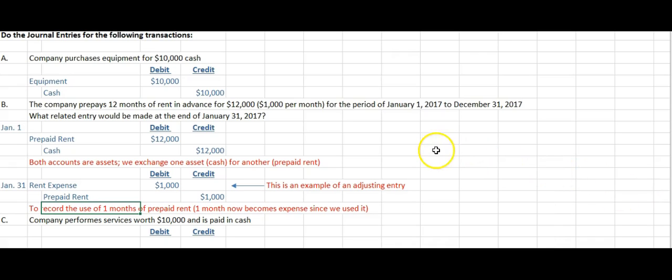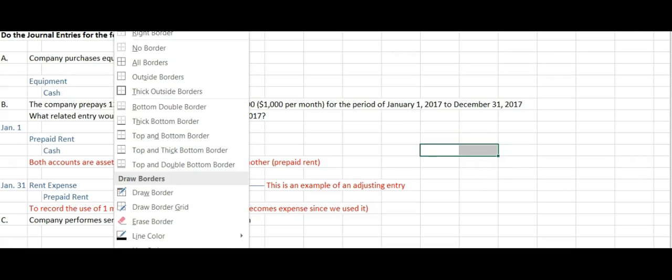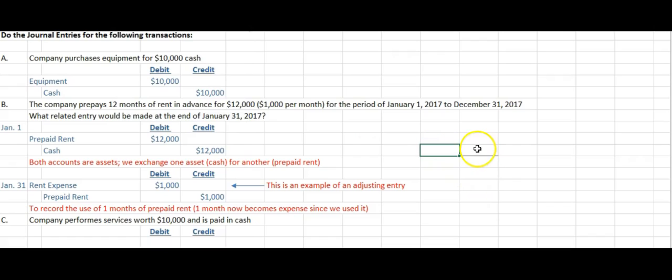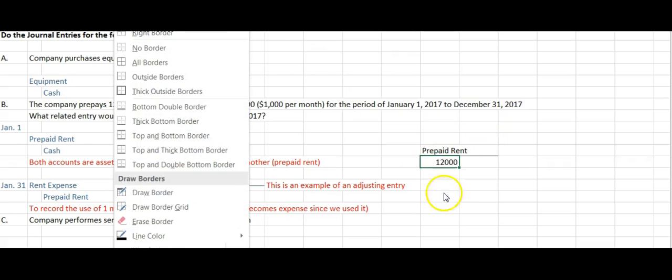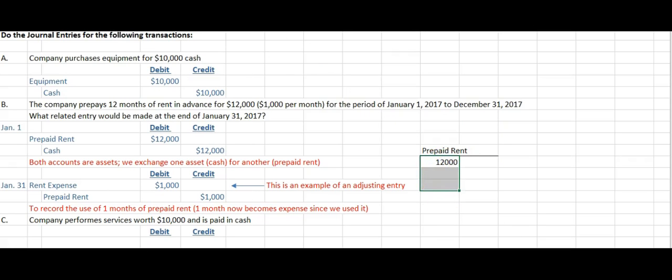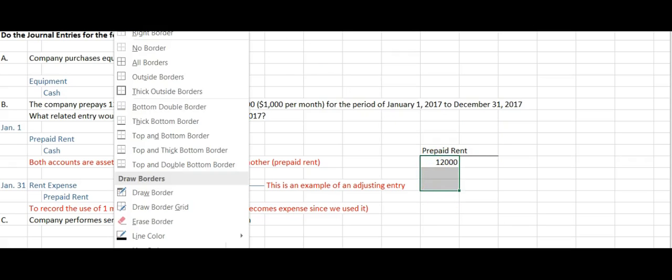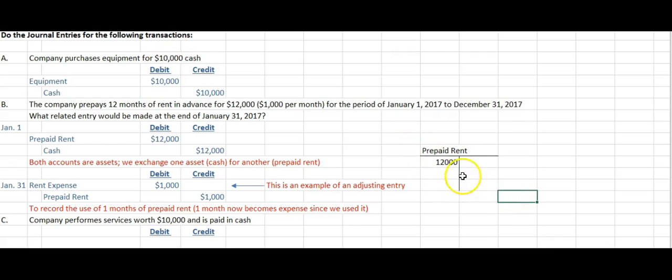If I did a T account representing prepaid rent, you will notice that prepaid rent began with 12,000, right? That was this entry. It's an asset that has a value of 12,000. Assets go up with debits, right? And the left side represents debits.